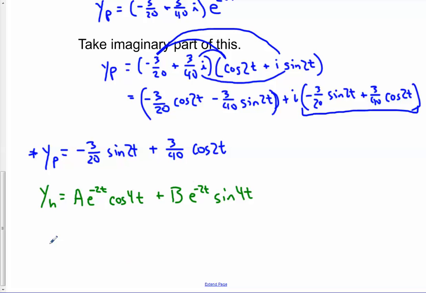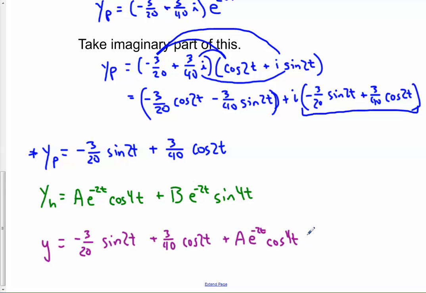So our final answer would be y equals negative 3/20 sine of 2t plus 3/40 cosine of 2t plus arbitrary constant a e to the minus 2t cosine 4t plus arbitrary constant b e to the minus 2t sine 4t. And as usual, if we had initial conditions, we would now apply them, and we could solve for a and b.